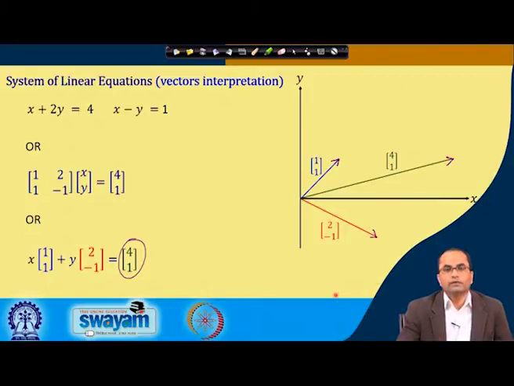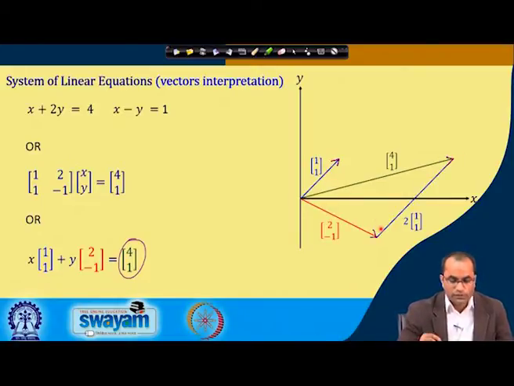And in this particular case, it is very easy to see that if we add to this red vector 2 minus 1 two times this blue vector, we will get exactly that point, that vector 4 and 1.